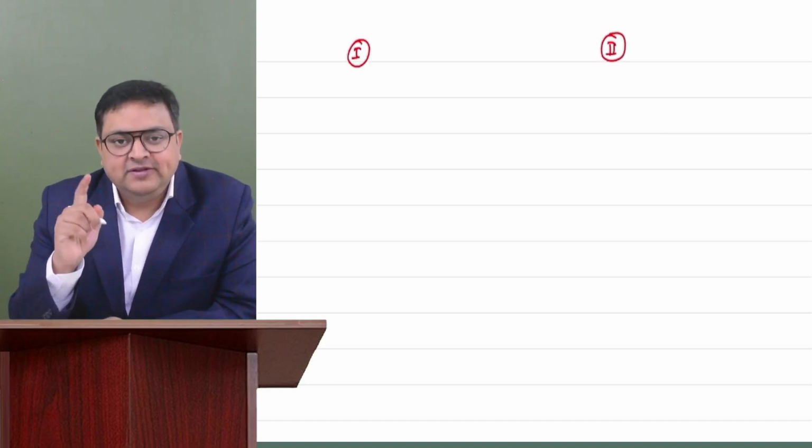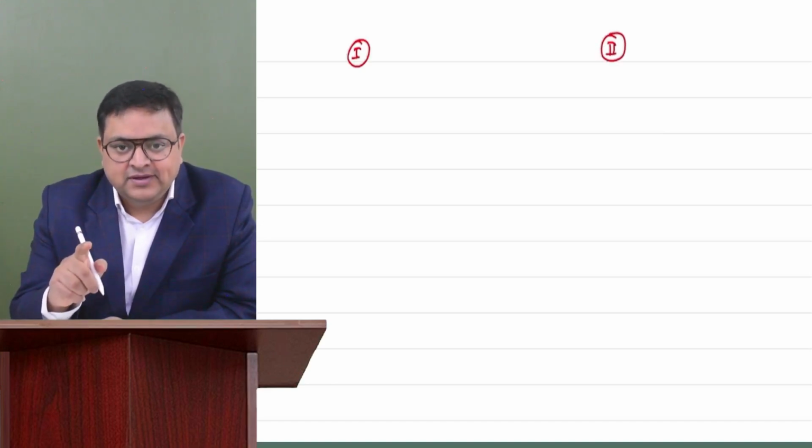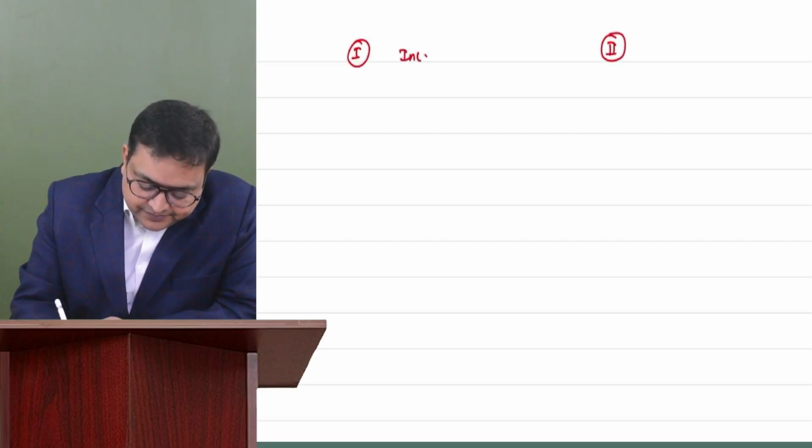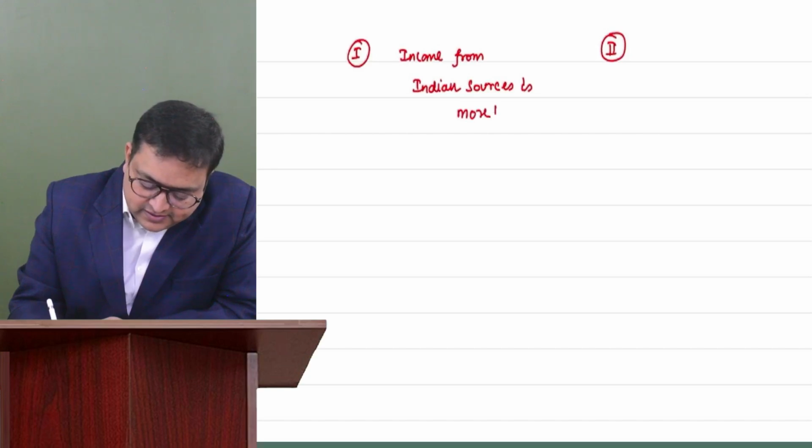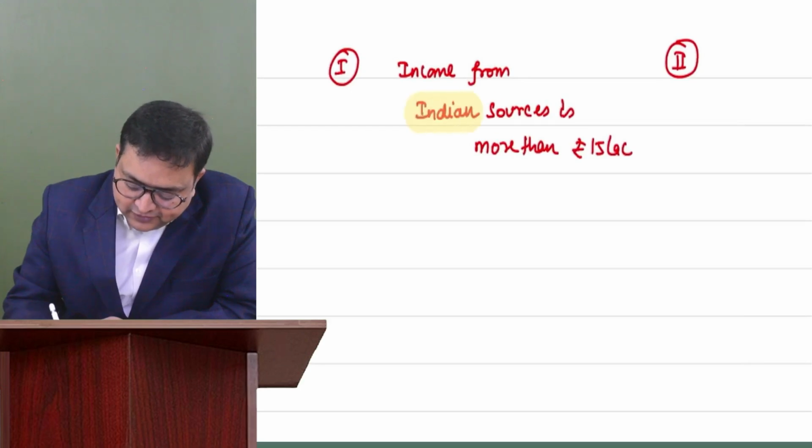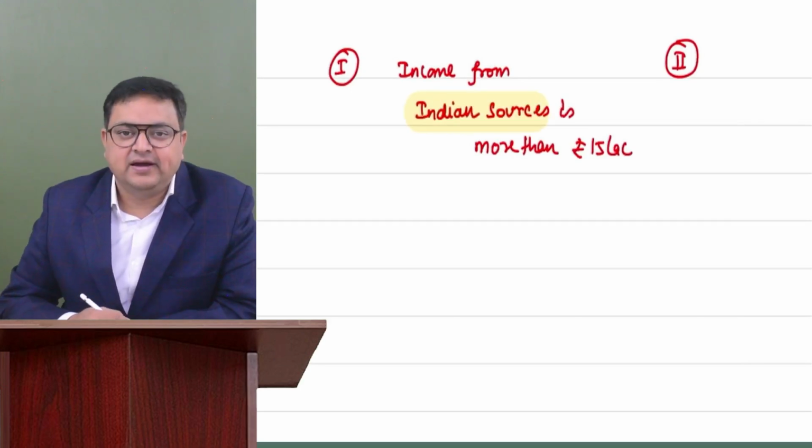We will come to the special provisions if the income from Indian sources is more than 15 lakh.